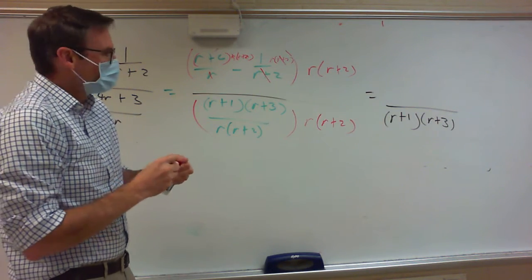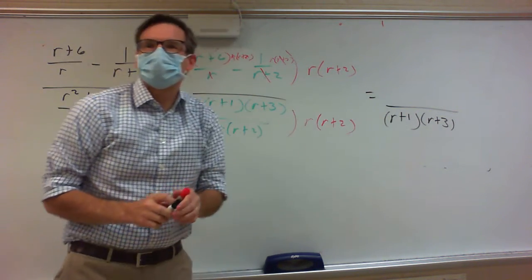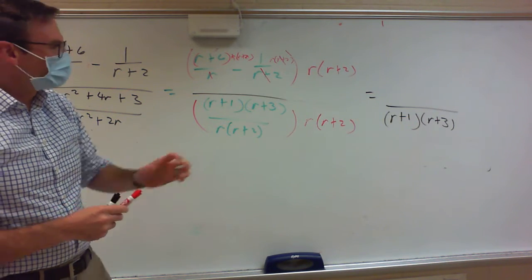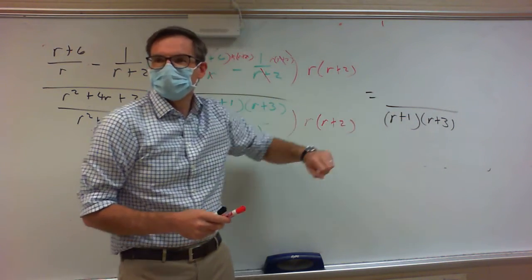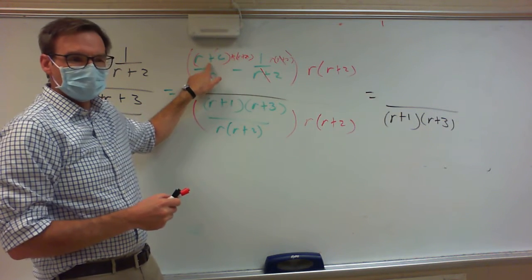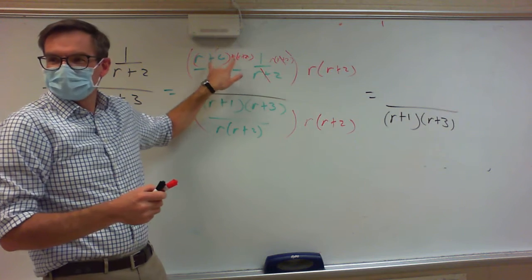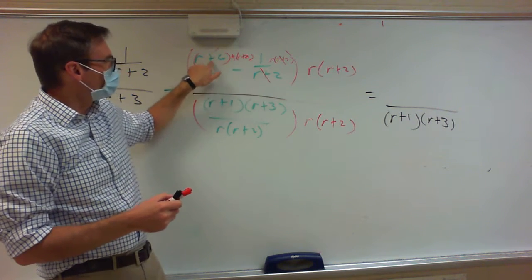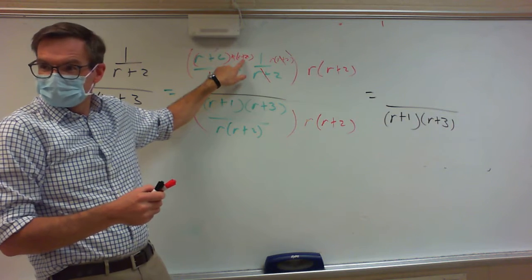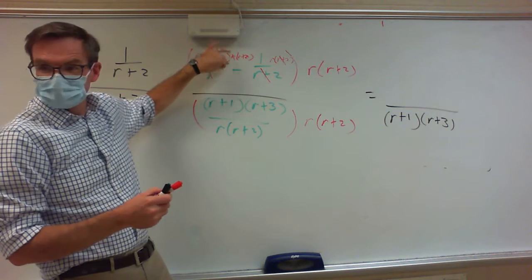So what's left here? What's left in this first spot? r plus 2, r plus 6 minus r. Right. Everybody see that if this cancels, I'm left with an r plus 6 and an r plus 2? Can y'all see that? Because this r canceled this r out.